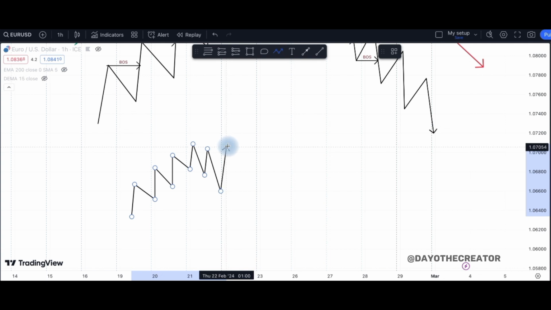But all you need to know is whenever we are in an uptrend, and the market breaks the previous low, and the market refuses to break the previous high, then there is a possibility that there's going to be a change of character.